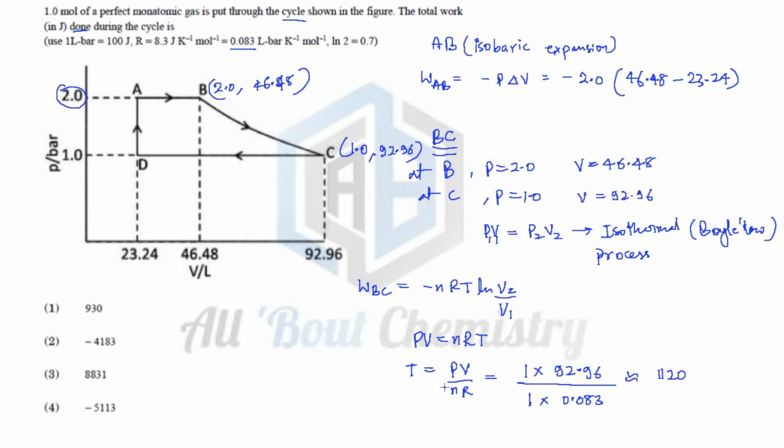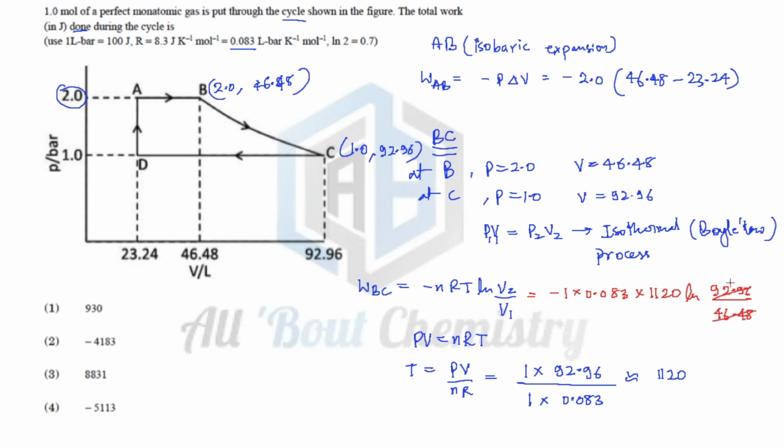So the work done will be given by substituting everything in the formula of work done. So let me do that. Minus number of moles, which is 1, R value 0.083, temperature 1120, then ln of 92.96 divided by 46.48.